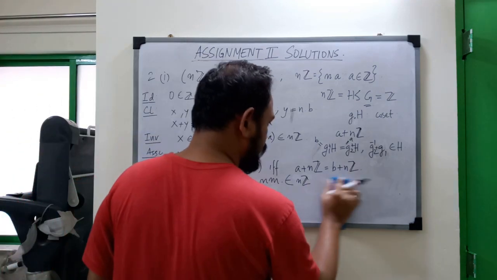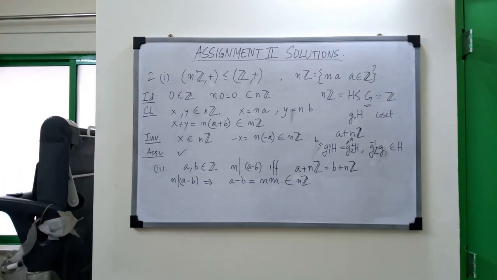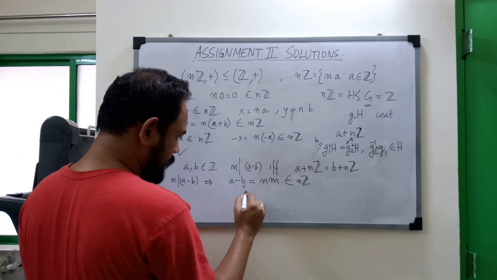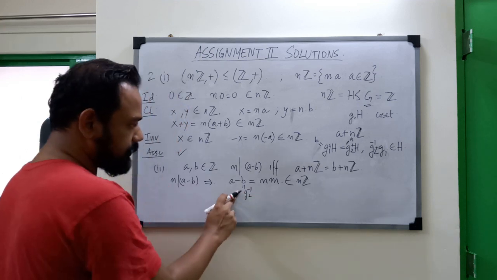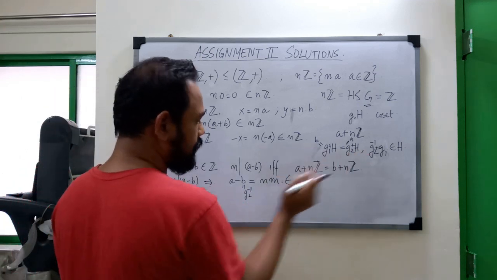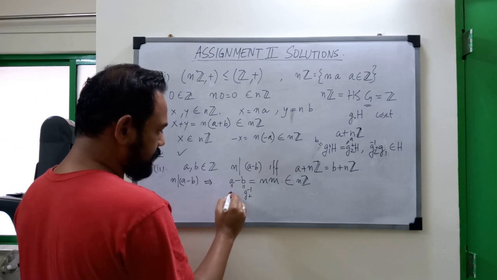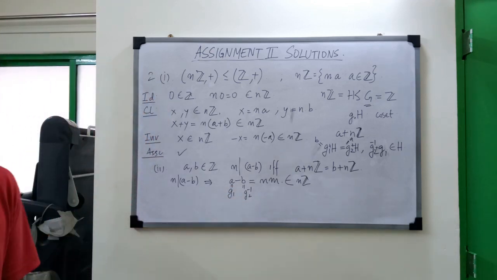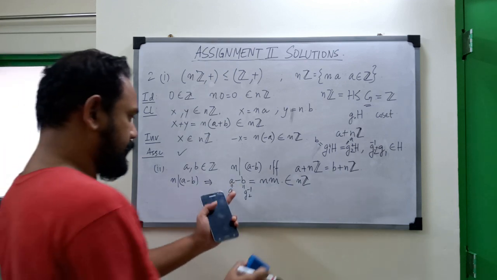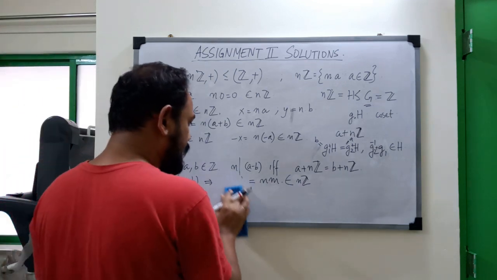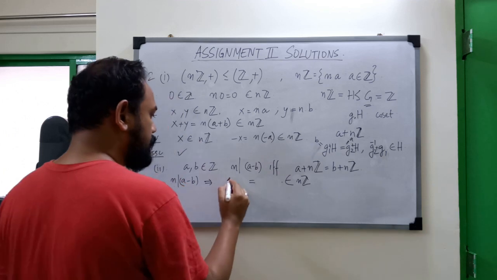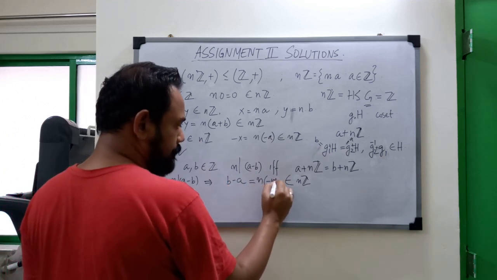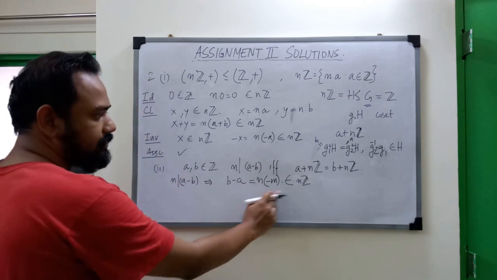So let's just go over this. This really is the g2 inverse, minus B, and A really means the g1. If you want, you can swap their places as well. This can be written as B minus A, and n times minus m. That's also true because minus m is an integer.